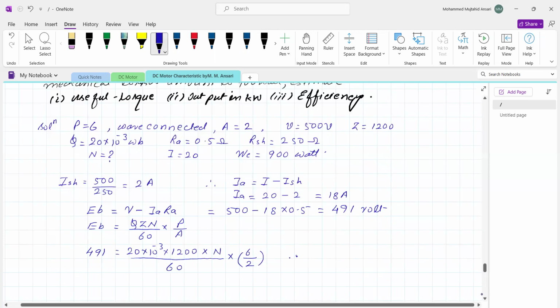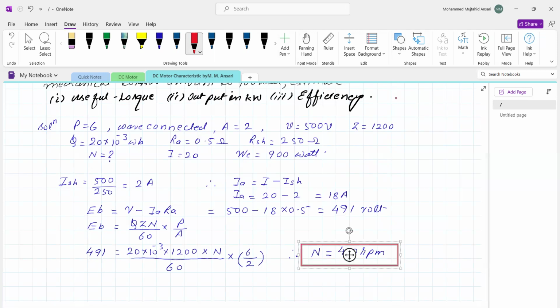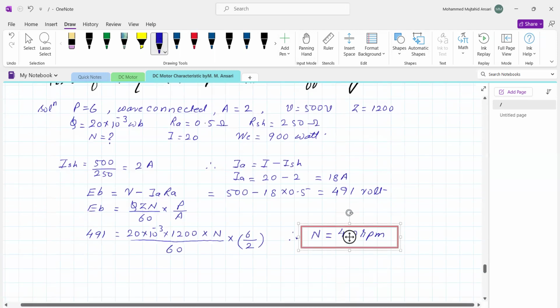Hence, speed N is equal to 410 rpm. So this is the speed that is calculated.